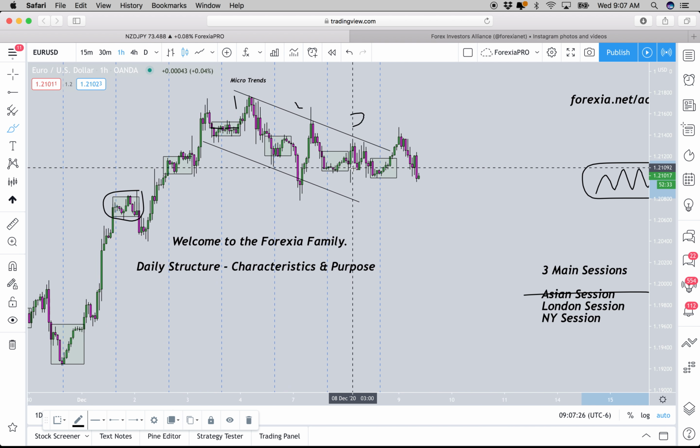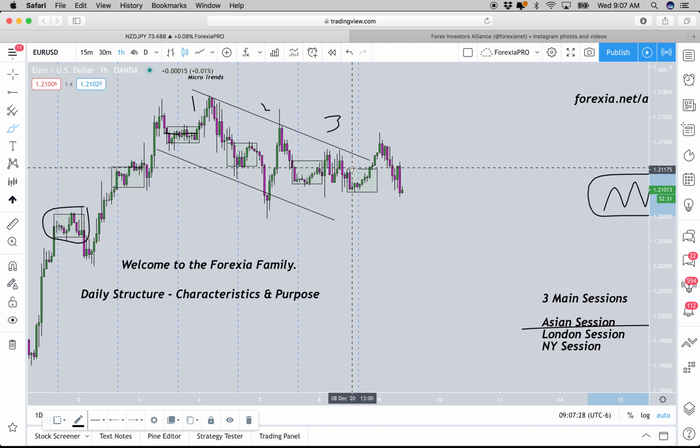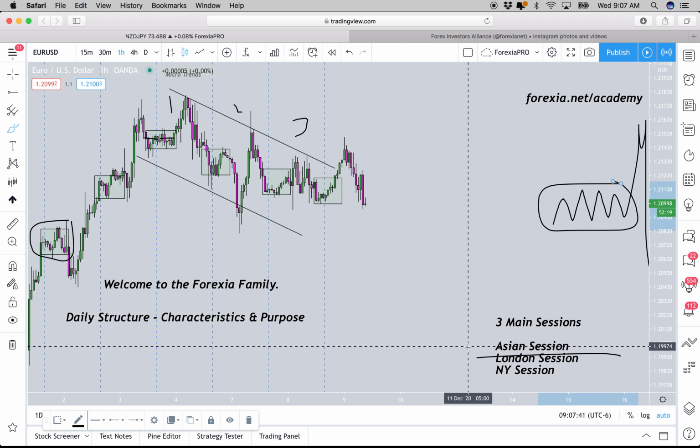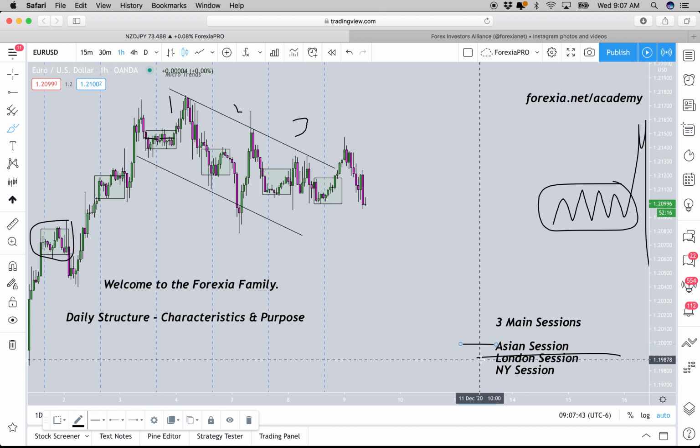Now, next we have the London session. Once we get to London session, there's more volatility in the market. Why? Because each and every one of these sessions is comprised of a new set of people, a new set of eyes.